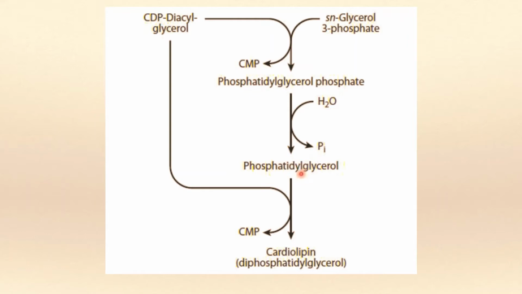Subsequently, the phosphatidylglycerol phosphate will be released, and it will take one more diacylglycerol and form diphosphatidylglycerol. That is nothing but the cardiolipin. It has got a bulky structure. It is present in the membranes of the mitochondria, and it is involved in the process of programmed cell death that is called apoptosis. In addition to this, other phospholipids are also involved in the process of apoptosis.